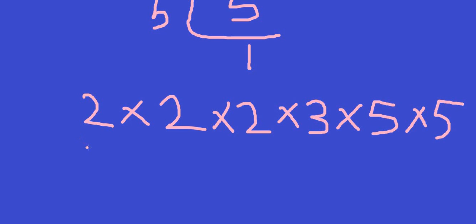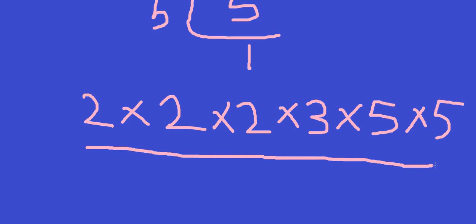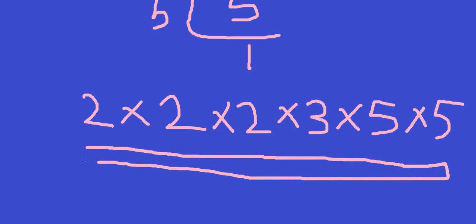So we see we have already done the prime factorization of 600. So 600 is equal to 2 times 2 times 2 times 3 times 5 times 5.